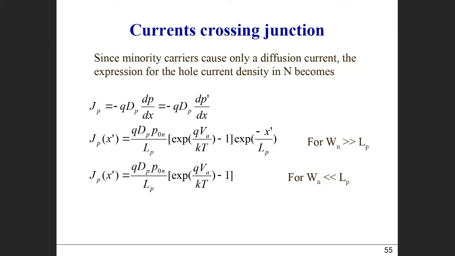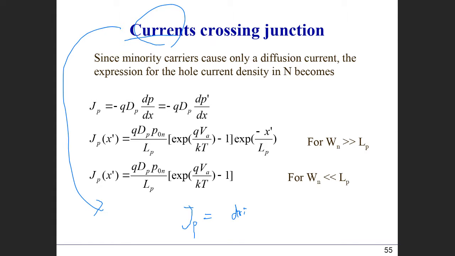Now, next we are interested in the current. To look at the current, as we discussed, for example the hole current comes from two parts: one is drift, and the other one is diffusion.